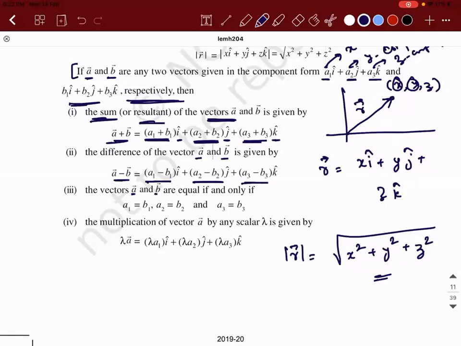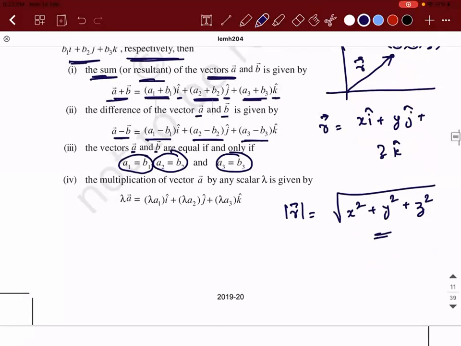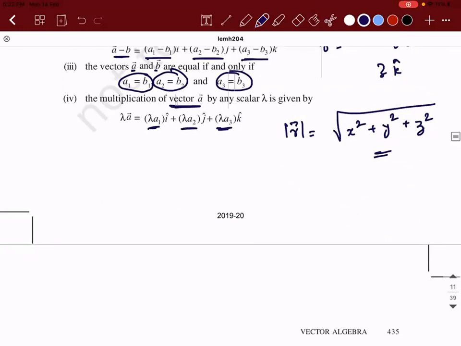The vectors A and B are equal when the x components are equal, y components are equal, and z components are equal. Similarly, the multiplication of vector A bar by a scalar lambda gives lambda times A1 i cap plus lambda times A2 j cap plus lambda times A3 k cap.